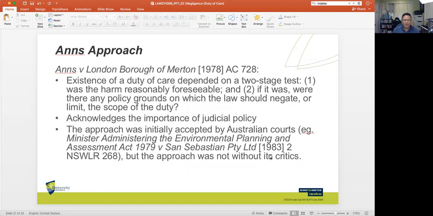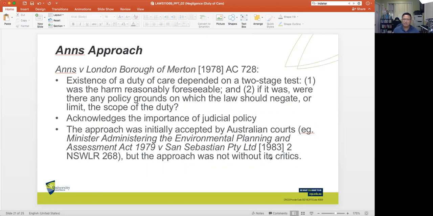There was a bit of a change in the case of Anns versus London Borough of Merton, because here we will notice that the court was clear that there sometimes has to be a policy question involved.